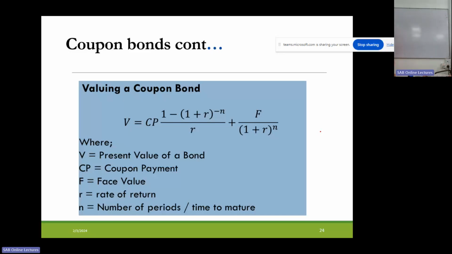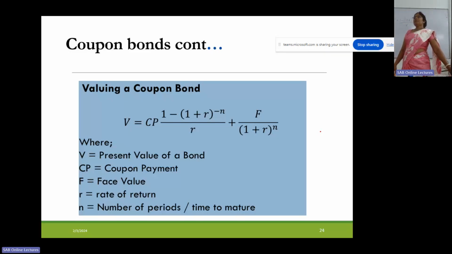So the value of the bond is equal to the coupon payment into the present value of annuity factor, 1 minus (1 plus r) to the power minus 10, divided by r. For the redemption or maturity payment, you are getting the face value, a single cash flow, discounted to the power of n.